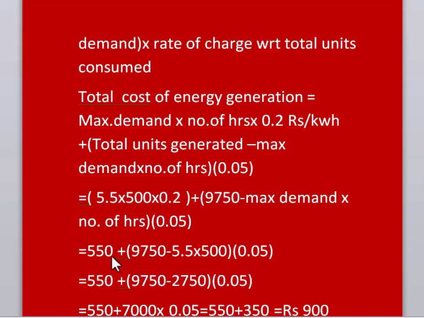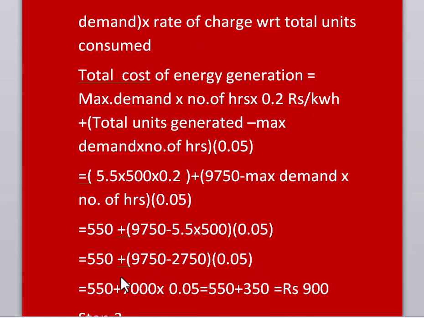So substitute all the values. Then we get here 550 plus 9750 minus 5.5 into 500 into 0.05. Then in the next stage we get 550 plus 9750 minus 2750 into 0.05.